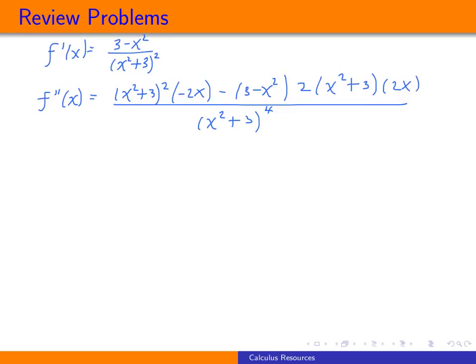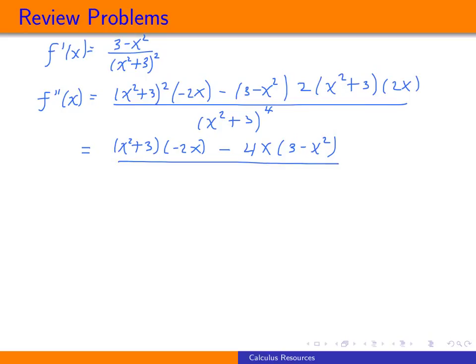Now, maybe the easiest thing to do in terms of simplification here is to notice every term present contains an x squared plus 3. So let's take away one x squared plus 3. So on the top we'll have x squared plus 3 times minus 2x minus, so we'll have 2 times 2x for a 4x multiplied by 3 minus x squared.